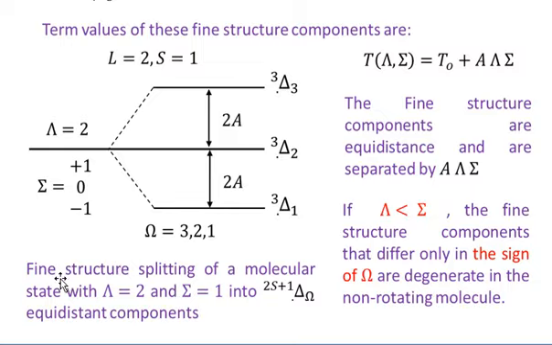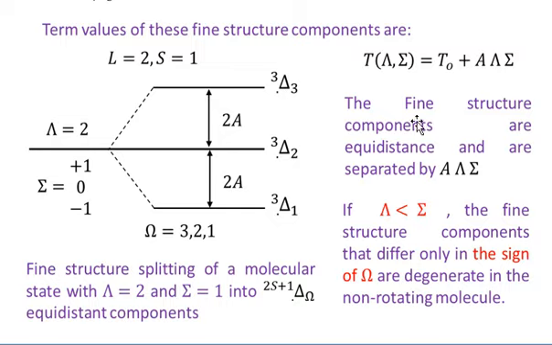So let me read the caption. Fine structure splitting of a molecular state with lambda equal to 2 and sigma equal to 1, giving 2S plus 1 delta omega equidistant components. The fine structure components are equidistant and are separated by A times capital lambda times capital sigma.